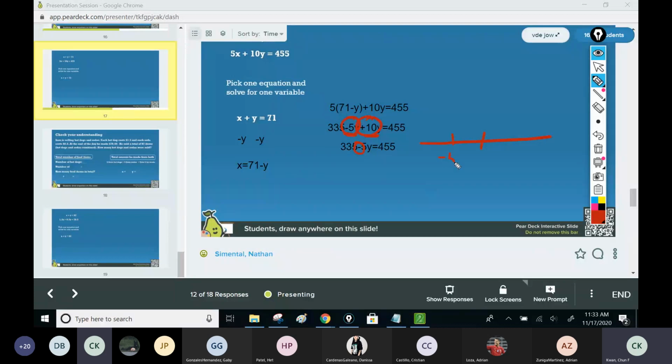And then I add 10 on top of it. Is it going to be a negative 5y or a positive 5y? So see if you can fix that.